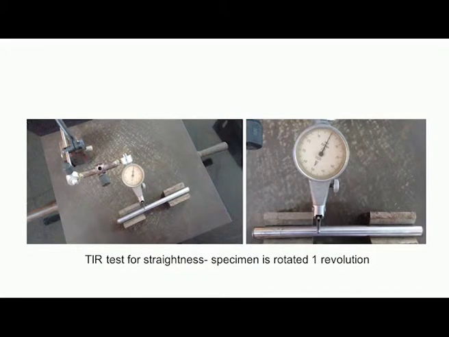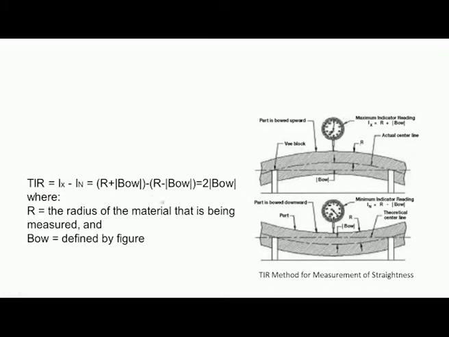We use a test dial indicator, rotate the specimen, and take the readings. Those readings are fed into an expression to get the straightness error. So, these two are the V blocks, this is the specimen and the indicator. We have to rotate this and take the reading.